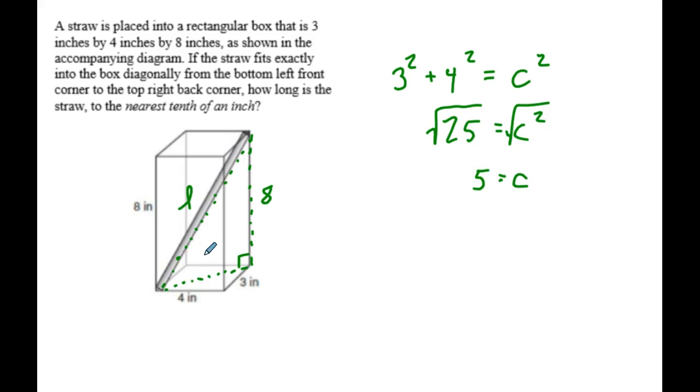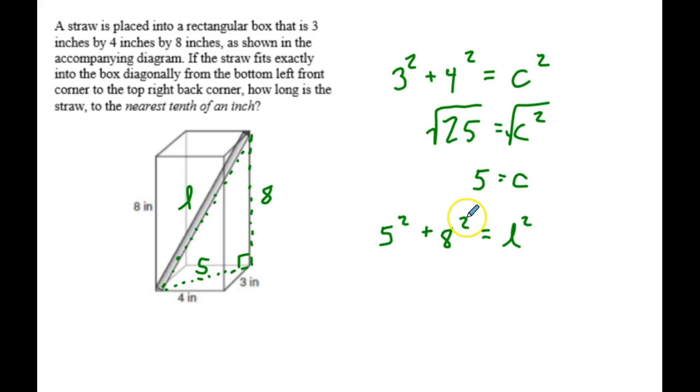So now if we substitute that value of 5 in, again we're going to use the Pythagorean theorem. We have a right triangle. We know the value of both legs. So we can set up 5 squared plus 8 squared is going to be equal to L squared. 5 squared is 25. 8 squared is 64.